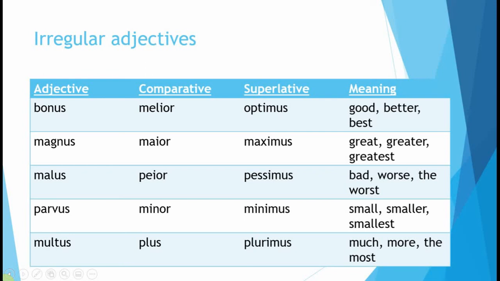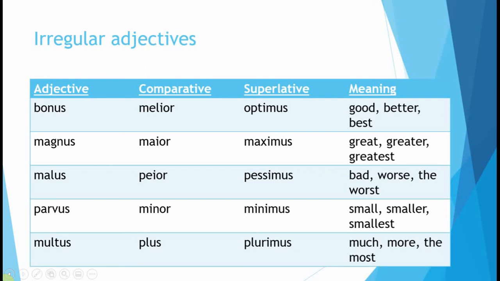One last thing that I wanted to mention is that there is such a thing as an irregular adjective. Normally, one adjective is used through the adjective, the comparative, and the superlative. For example, longus, meaning long, would be the adjective.